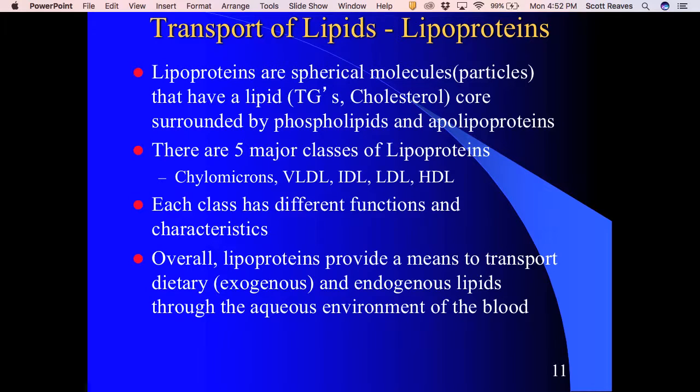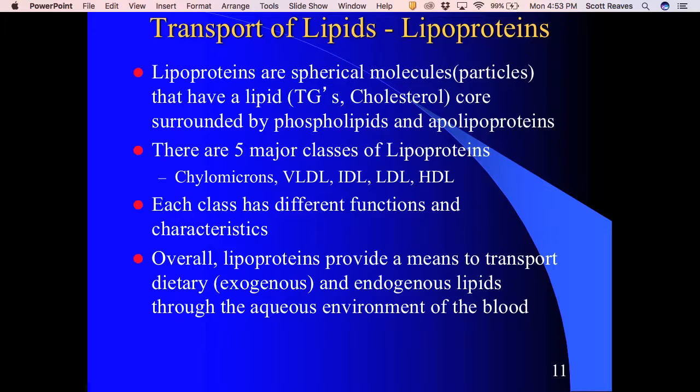What's changing that density, the ratio of what to what? Protein to fat. Yep. Your HDL are the most dense. So that's why they're called that. And there's other ways to separate them, but that's basically the way you do it in most research scenarios so that you can study each fraction.